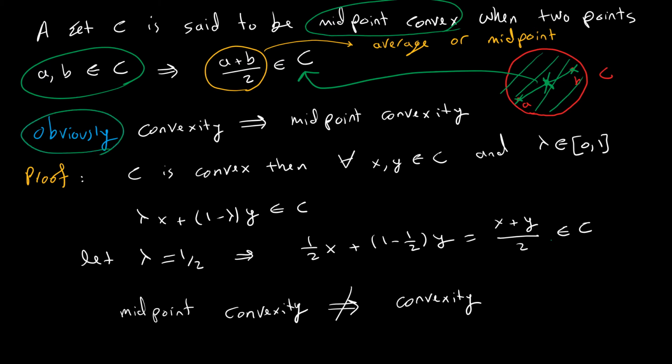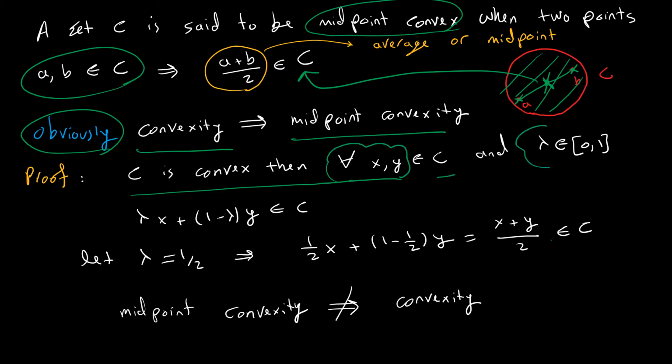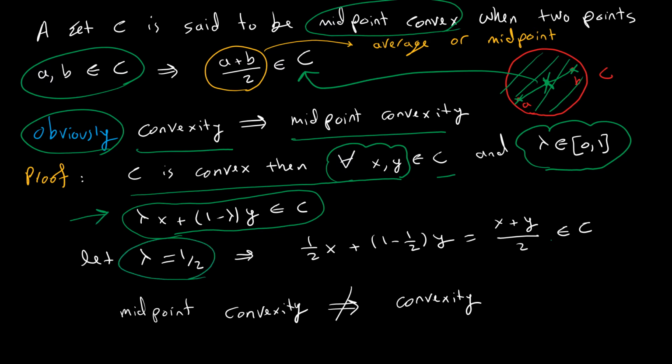Obviously, convexity implies midpoint convexity, but we need to show that. We know a set is called convex if for any pairs of x and y in C and any lambda in the closed interval between 0 and 1, we have lambda times x plus 1 minus lambda times y in C. Just because this is always true, just let lambda be 1/2.